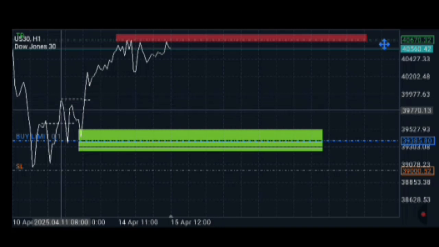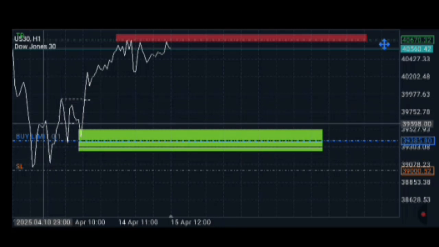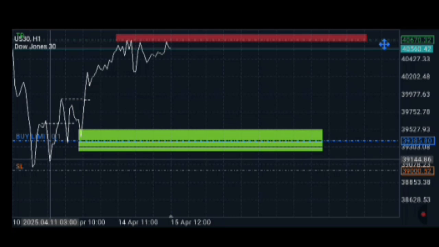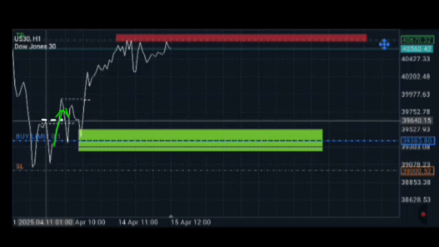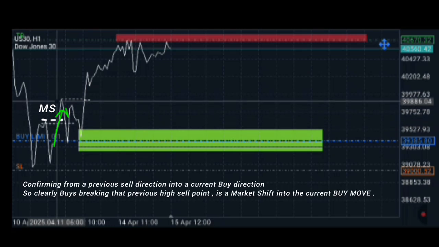This is the last higher point from when price was selling. It was decreasing, so it confirmed that price has shifted from sell to buys when price broke out of here, confirming a market shift, which is a change in direction.